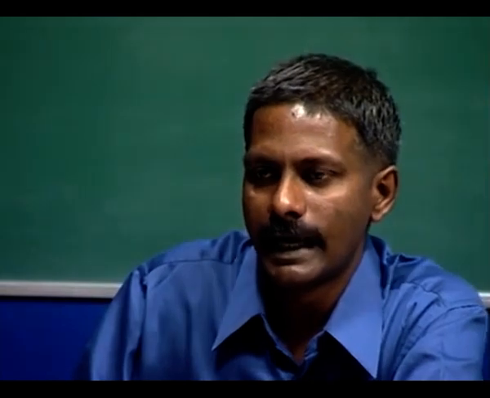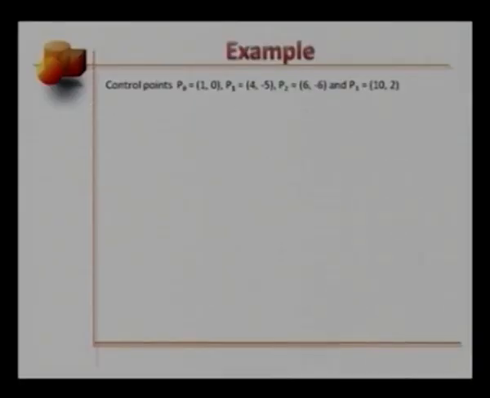Let's take a look at an example. Let's say we are given control points P0 with coordinates 1, 0, P1 with 4 and minus 5, P2 with 6 and minus 6, and P3 with 10 and 2. Let's compute the Bezier curve.